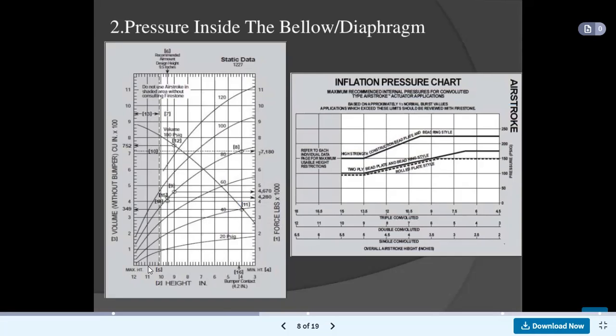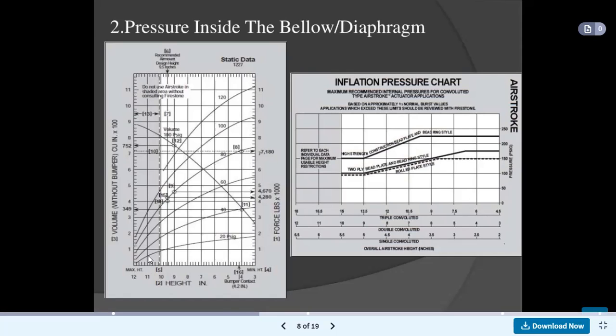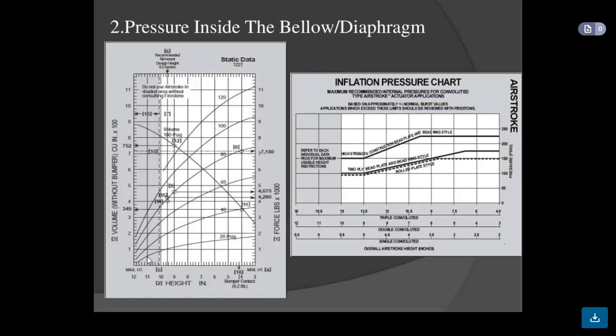For example, if the height is 11 inches, then for 20 psi capacity, the volume is nearly about 0.5 cubic inch into 100.